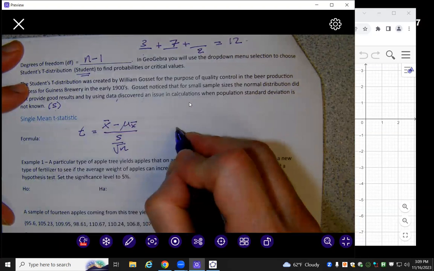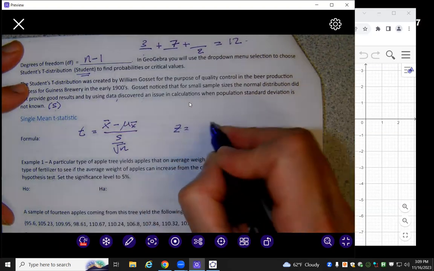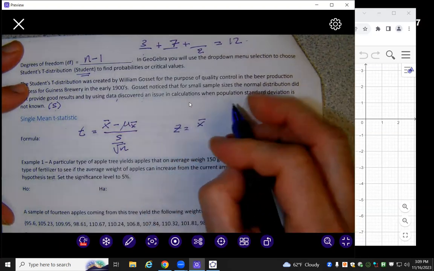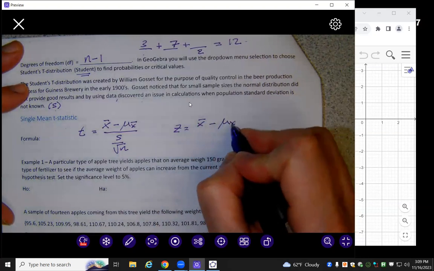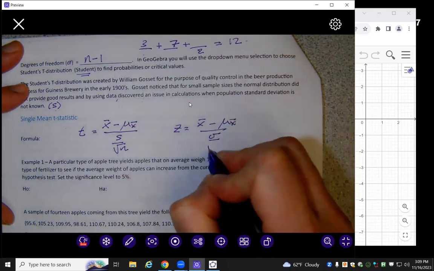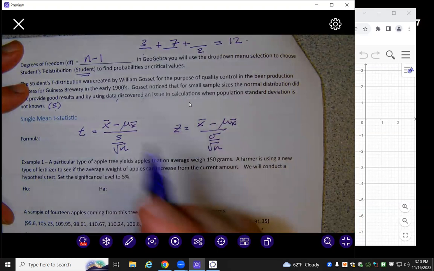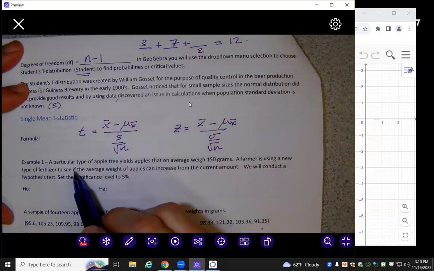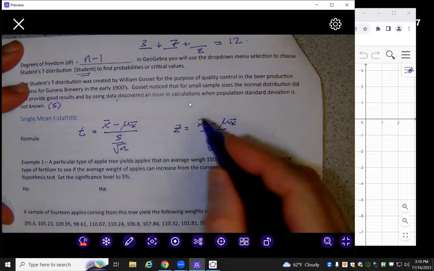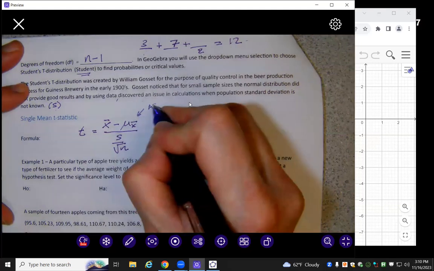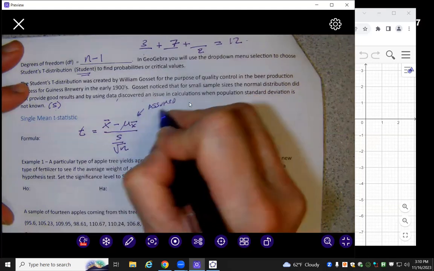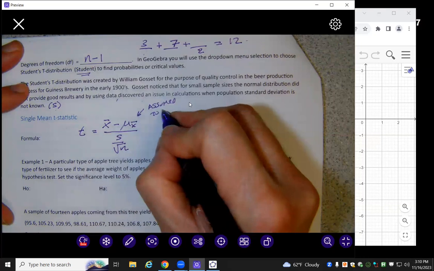Remember before, this formula looks something like this, where we use the population standard deviation. So here we admit we just don't know what this value is. And when we do hypothesis tests, notice again that this is something that is assumed to be known. How that comes about varies from situation to situation.